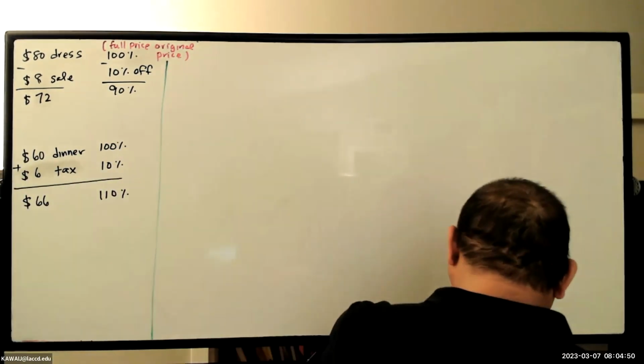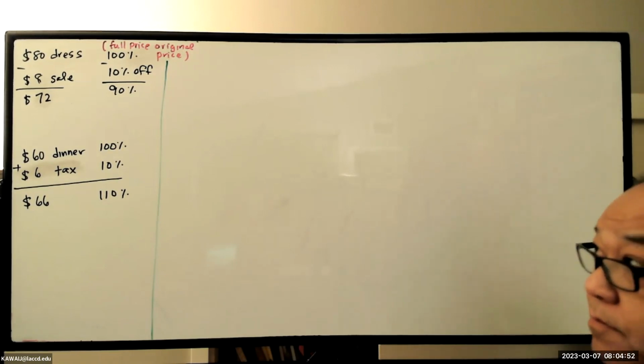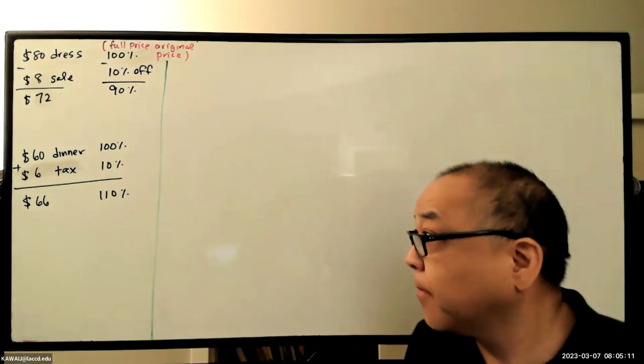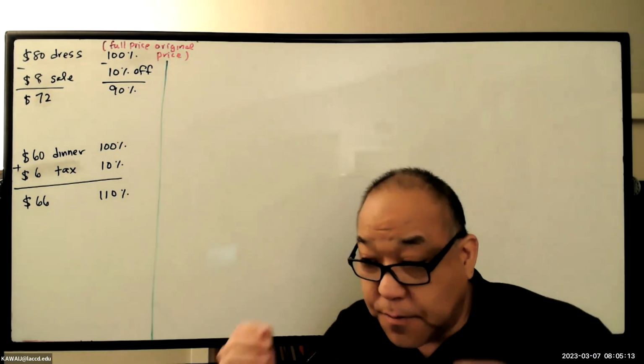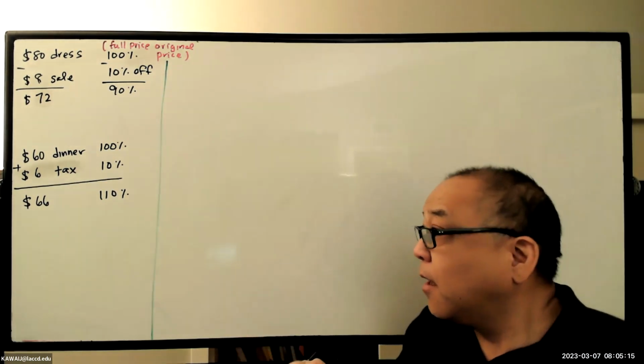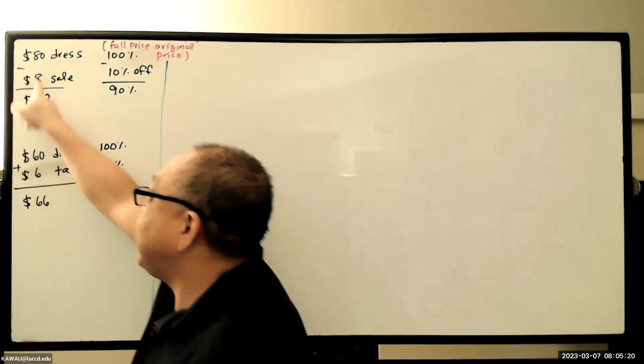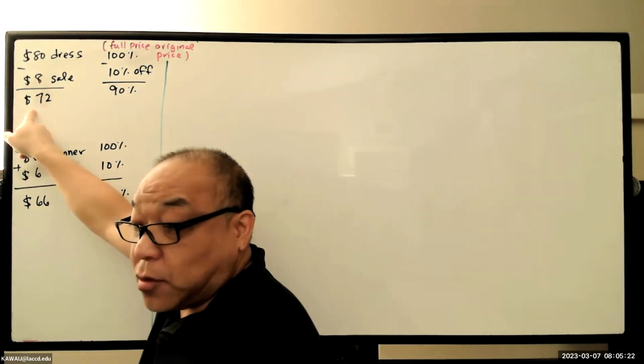Now, let me give everyone a second to copy that down. Now, when you were going to elementary school and they taught you percents, they basically gave you these two numbers and they wanted you to find this one.